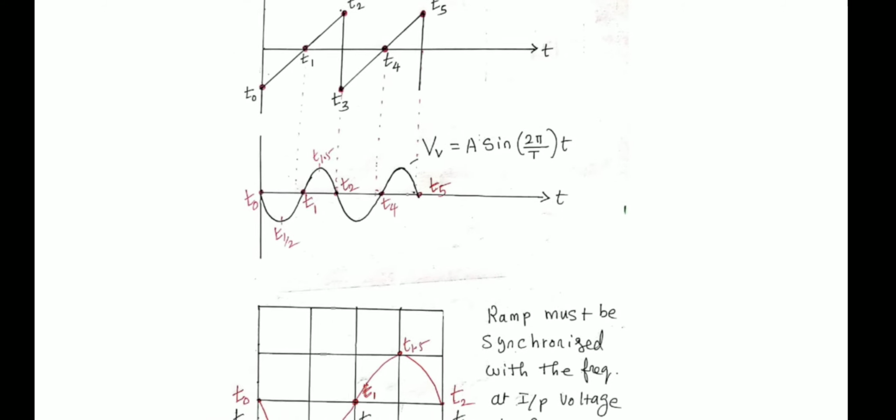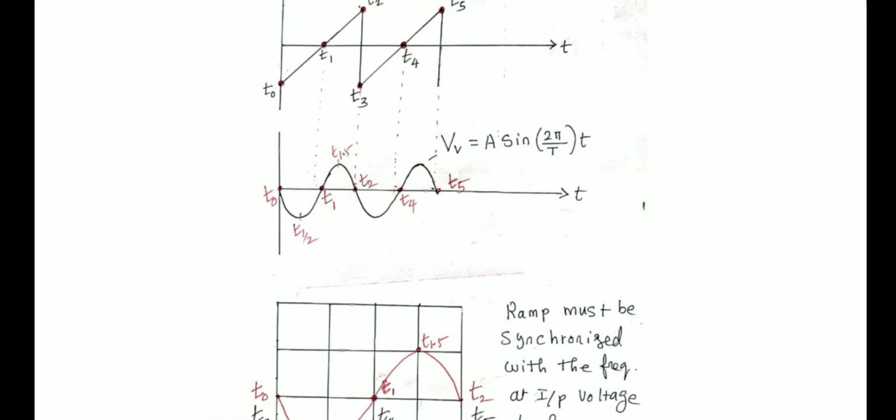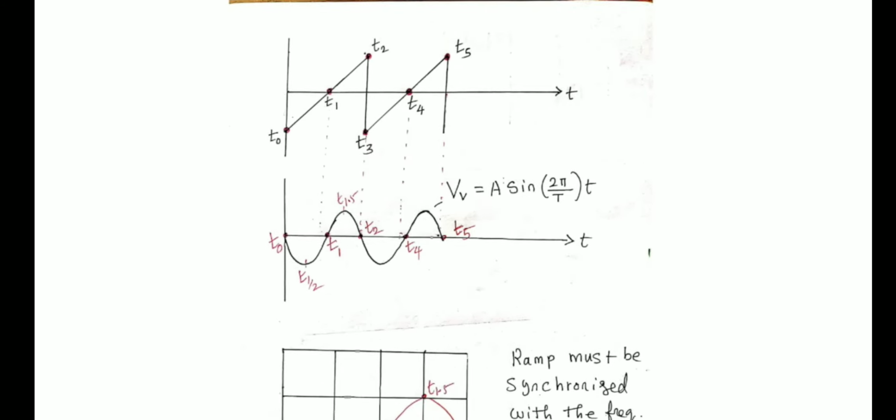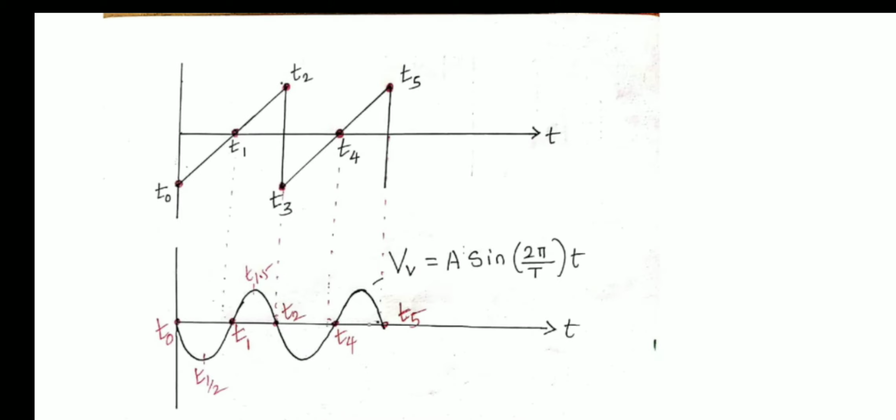This is the input signal V equal to A sin omega t, right? So let the input signal be displayed on the screen, right? Now what happens when you apply these two signals to the vertical deflection plates and horizontal deflection plates?